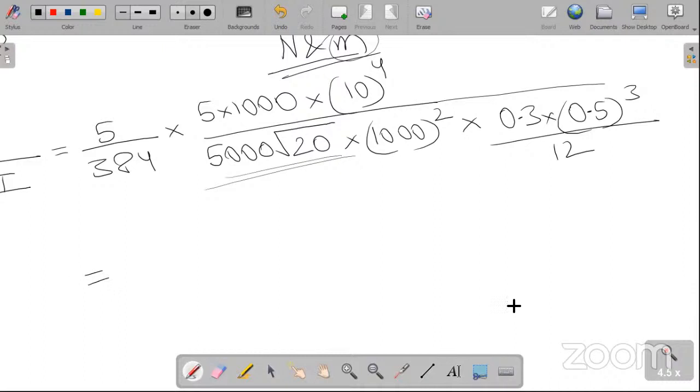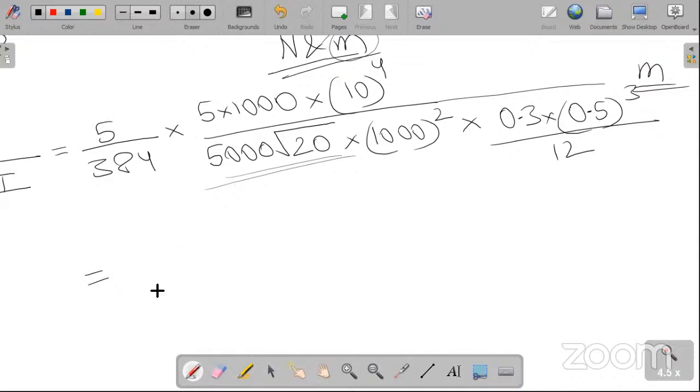So let me take out the calculator and find out the value. You can also tell me if you know. The value we are going to get is in meter. 5 into 5 into 1000 multiplied by 10 to the power 4 divided by 384 divided by 5000 divided by root 20 divided by 1000 square divided by 0.3 divided by 0.5 cube multiplied by 12.